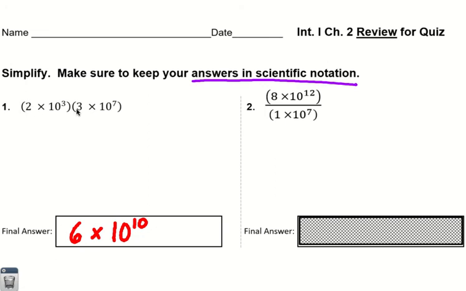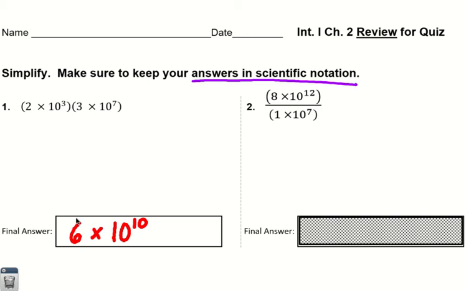So the regular numbers, you just multiply, and then the exponents on the 10s, you add. So 3 plus 7 is 10. And this is in true scientific notation because this 6 is an acceptable number as it's between 1 and 10.